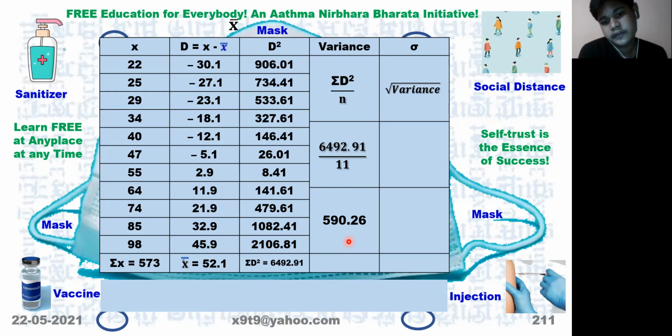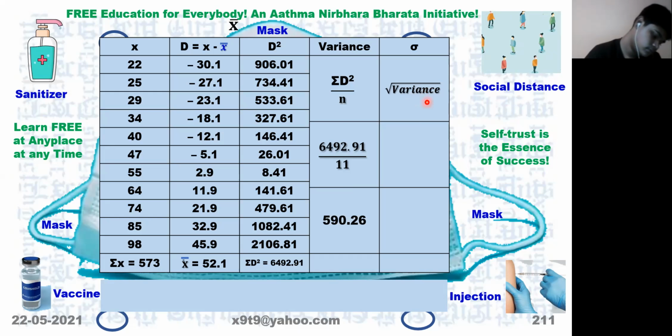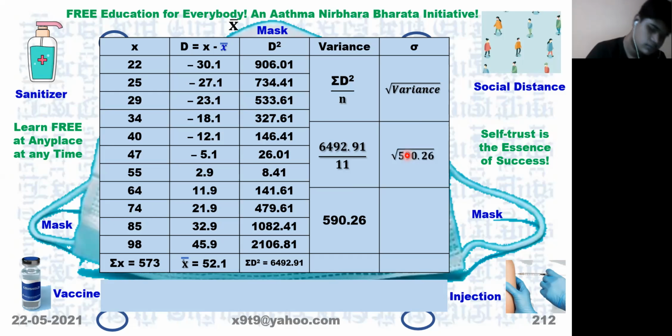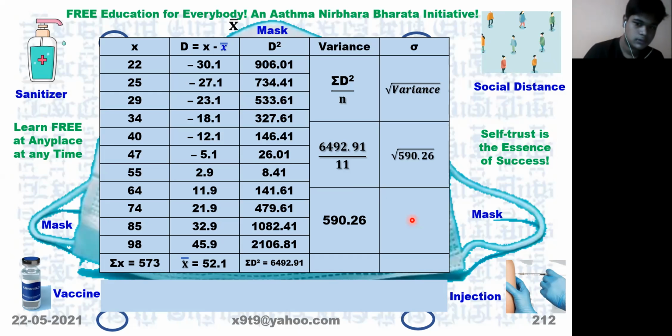So the standard deviation is the square root of the variance, 590.26. So square root of that, you can write here. You write one more step there because place is there. Show it as square root of 590.26, and you can write the answer here. Okay.